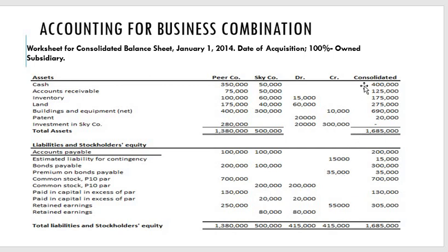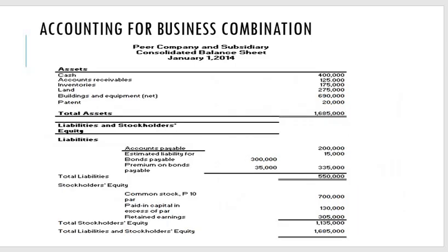So you have here your consolidated column, which is the sum of the accounts of Peer and the accounts of Sky, plus or minus the effect of your working paper eliminating entries. After you've determined the consolidated column of your worksheet, you can now prepare a balance sheet as of the date of acquisition.